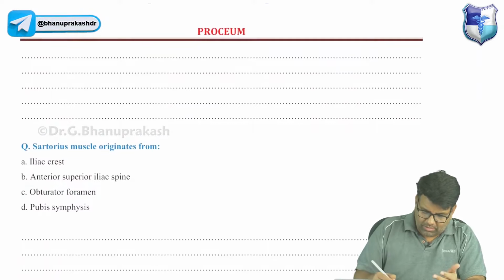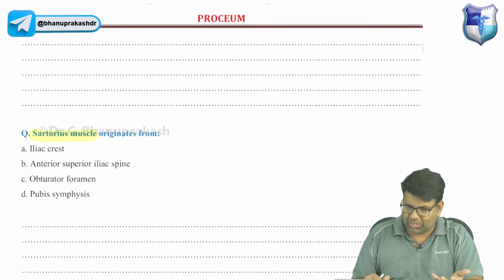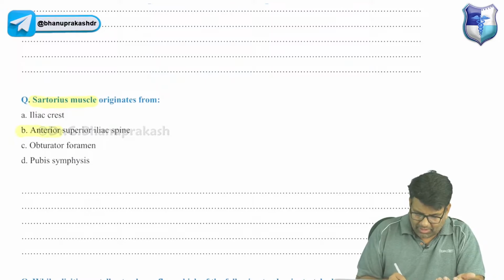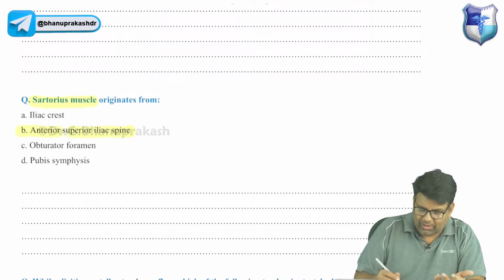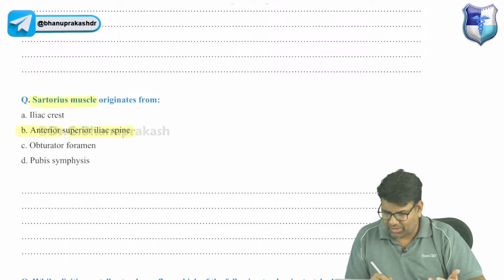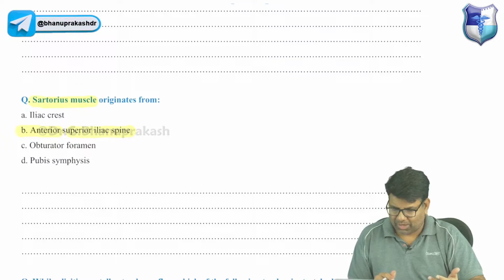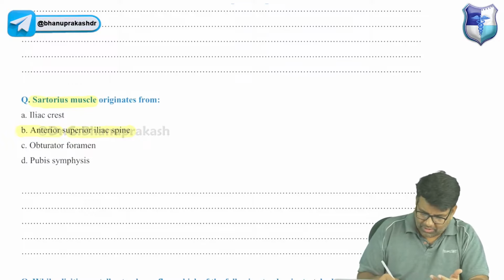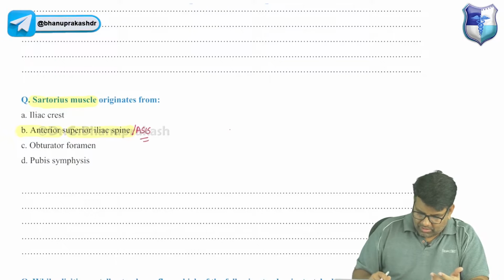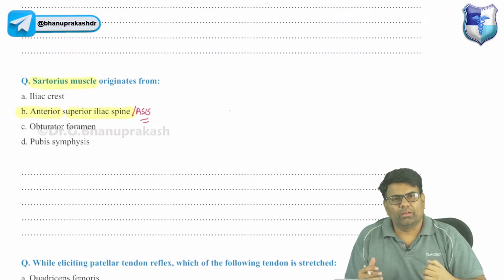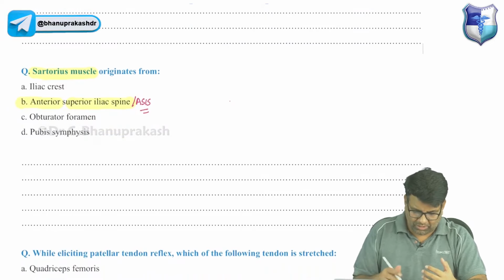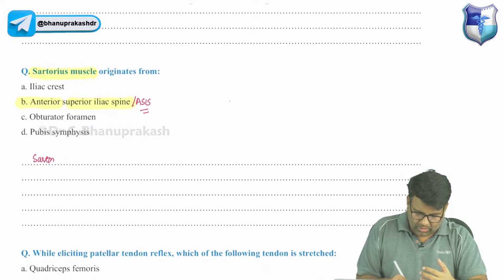Now, Sartorius muscle originates from the anterior superior iliac spine. Very good, Sertraline, very good, Raghu. Anterior superior iliac spine. Yes. So in short, we write it as ASIS. Now, I just want to discuss a few facts about Sartorius muscle. Yes, anyone can answer what is very unique about Sartorius muscle?